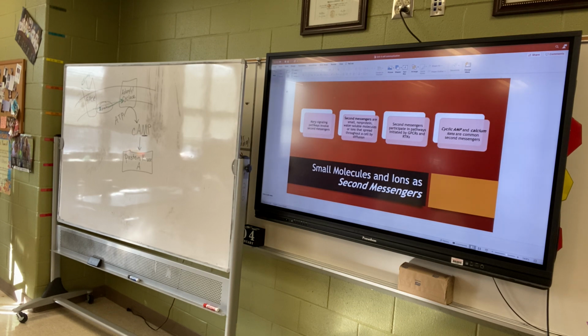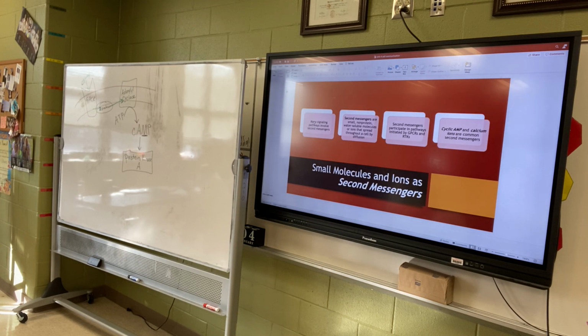So, cyclic AMP is a nucleic acid. Calcium ions are ions. They are not proteins. Your second messenger cannot be a protein. If it is something that is sending the signal and it's a protein, it's called a relay protein. It's a part of the transduction pathway.